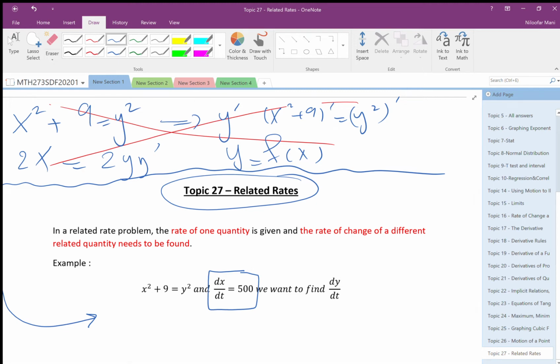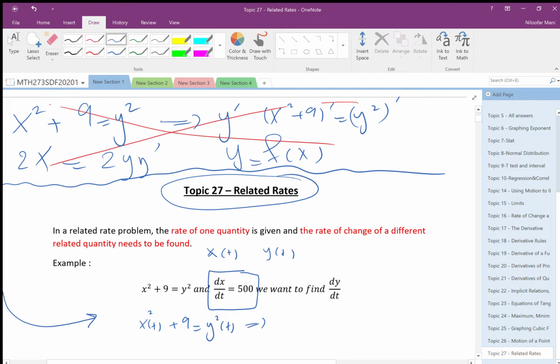So here I have x function of t, y function of t. And I have x function of t squared plus 9 is y squared, which is a function of t. Both of them are functions of t. And then I say, okay, find, so if I have x prime, I want to find y prime.